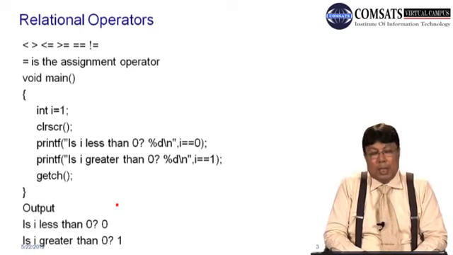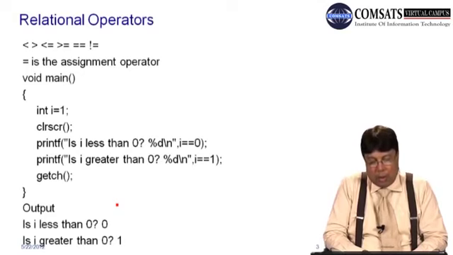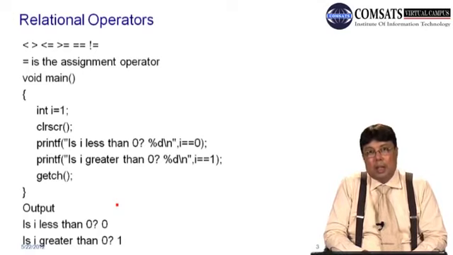The next two statements are printf statements. We have already discussed printf statements along with its arguments, format specifier, escape sequence, and the data elements which are required to be printed onto the console. So quickly: "Is i less than 0? %d \n", i == 0. How can we interpret this?